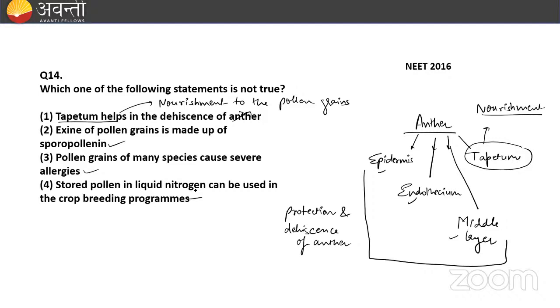That preservation is known as cryopreservation. So statements 2, 3, and 4 are correct, and statement number 1, that tapetum helps in the dehiscence of anther, is incorrect, which is the answer with respect to the question, because the question is asking which statement is not true.